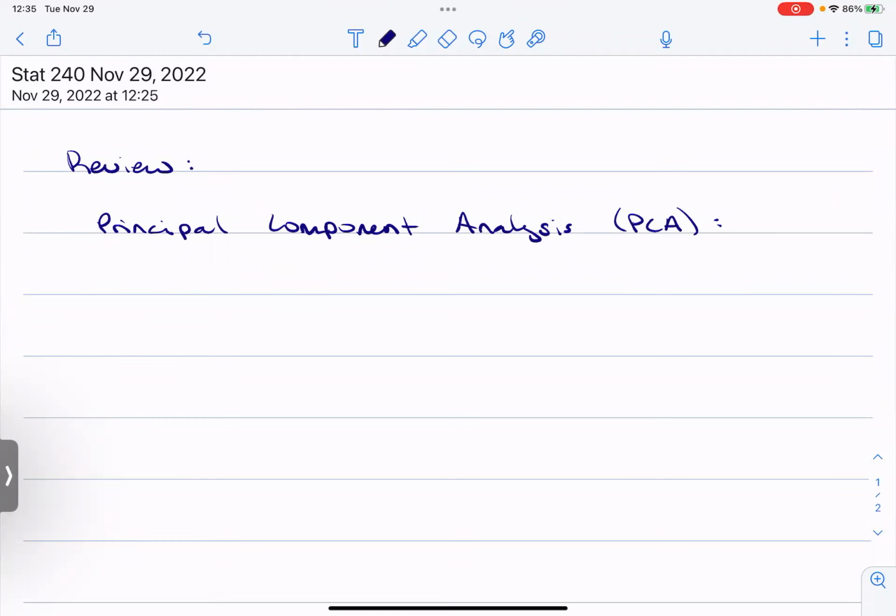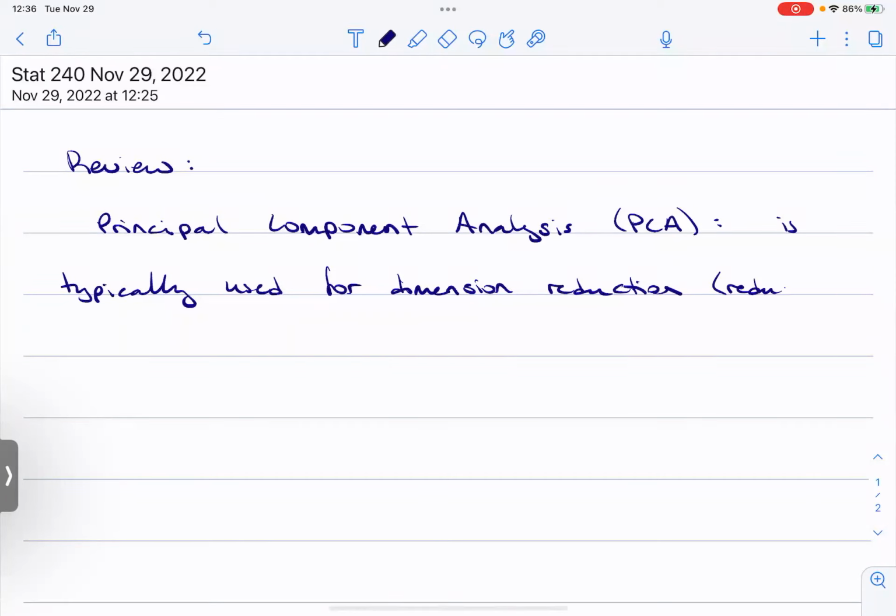Remember, we make the same amount of components as we have predictors in our data, but then we only take the first few. It is typically used for dimension reduction, which means reducing the number of predictors.